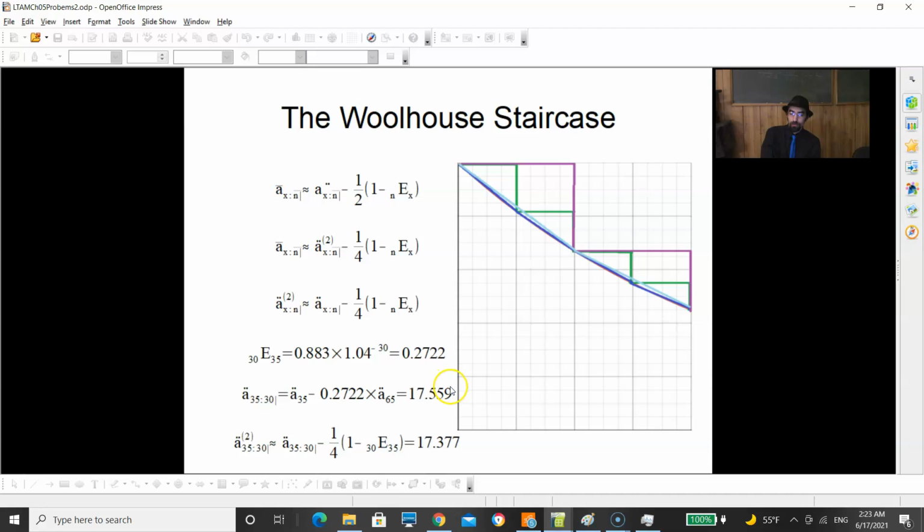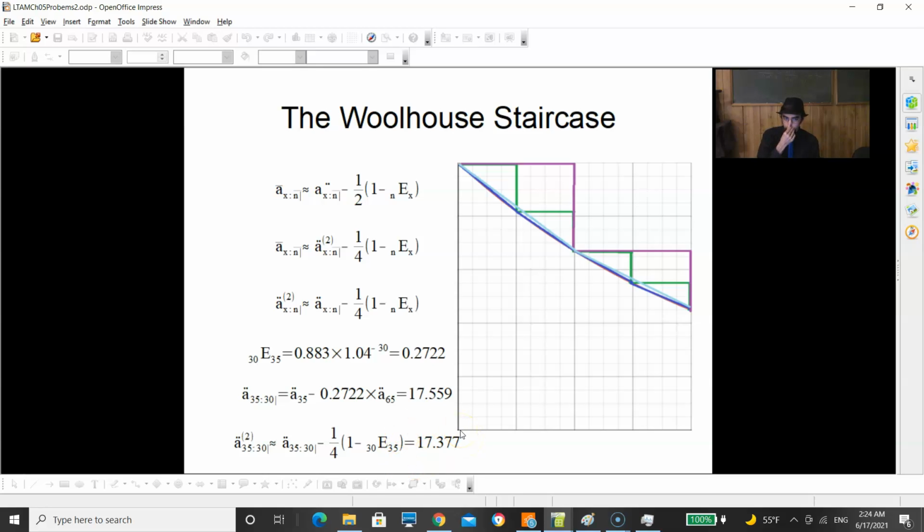You should get 17.559. Again, calculate each of these with the annuity insurance formula. If you don't remember that, just go back to the previous problem where I walked you through it. And then lastly, you'll say little ä superscript (2)_{35:30} is going to be ä_{35:30} minus 1/4 times (1 minus 30E35).